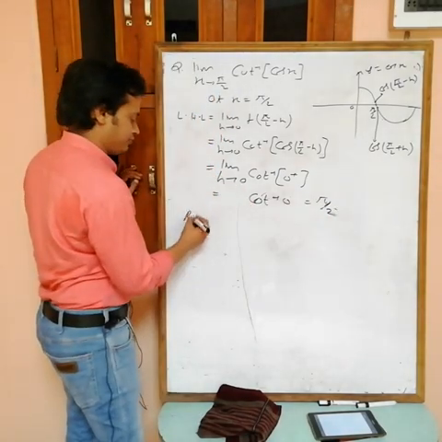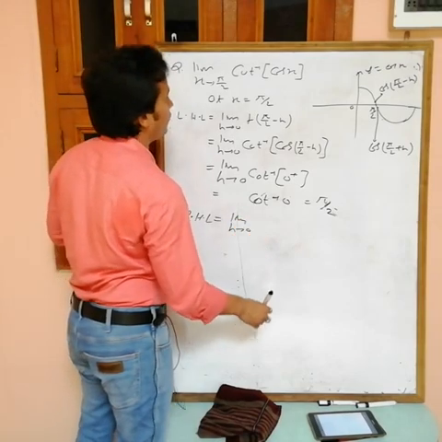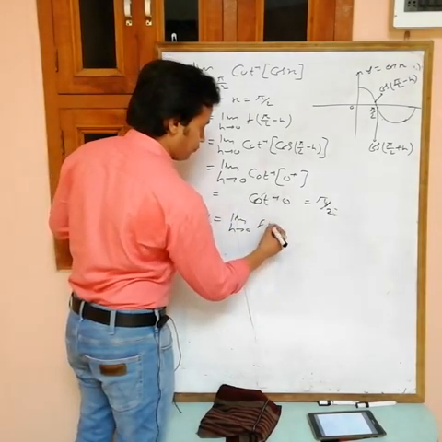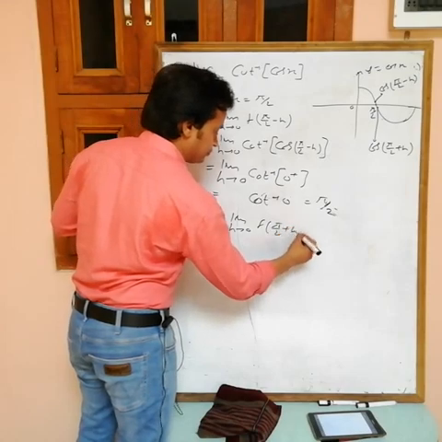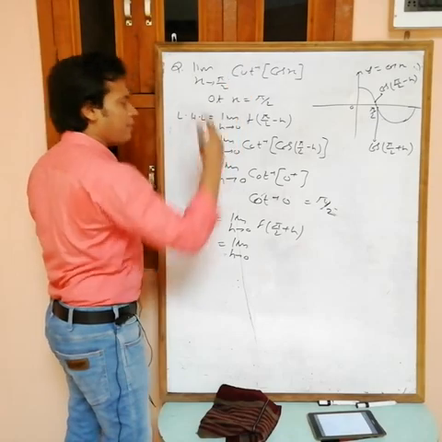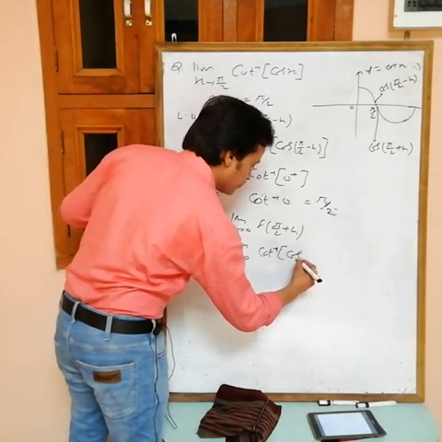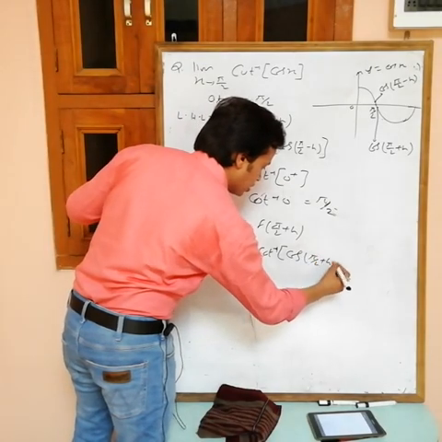Now RHL. RHL is the limit as h tends to 0 of f of pi by 2 plus h. That equals the limit as h tends to 0, replacing x with pi by 2 plus h, of cot inverse of the greatest integer of cos of pi by 2 plus h.